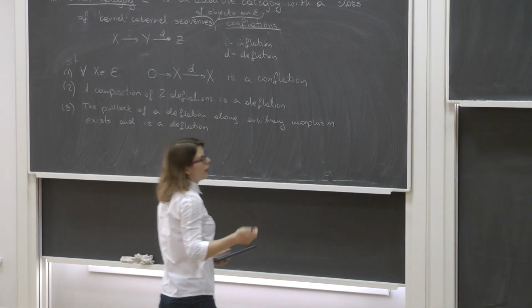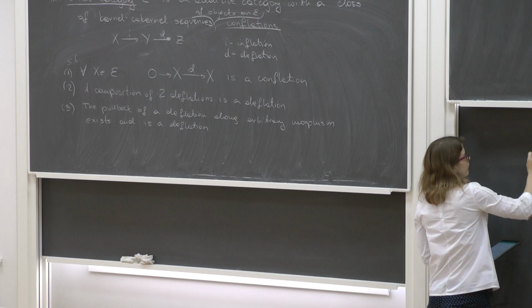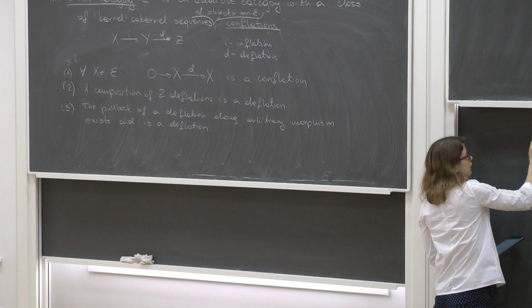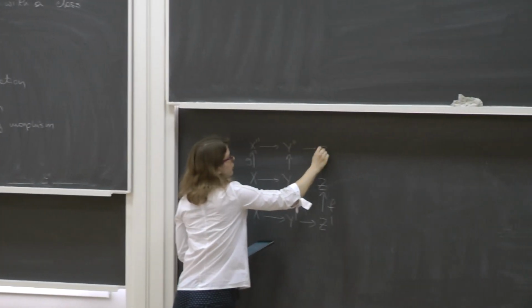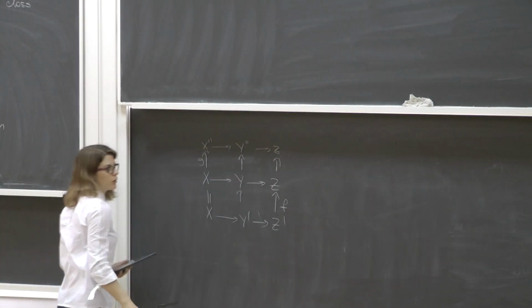And the other way around, right? If I have a map here, then I can take a pushout, and this will also be a short exact sequence.